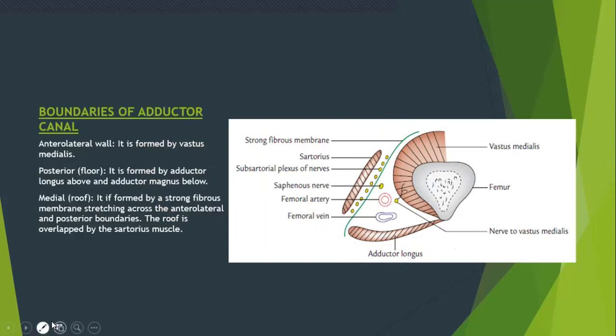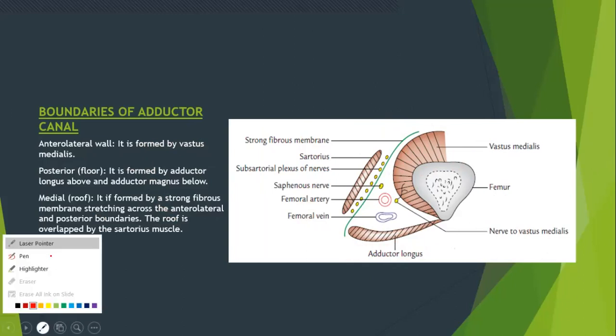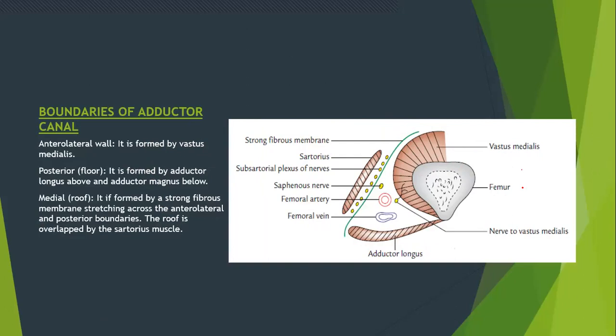Maybe I should write that very fast. So this is lateral, this is medial, this is anterior here, and this is posterior down here. So with that, maybe you will understand first. You can see this muscle, vastus medialis, is lying both anteriorly and laterally, so it is anterolateral.